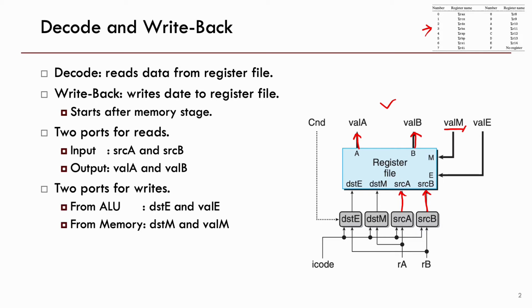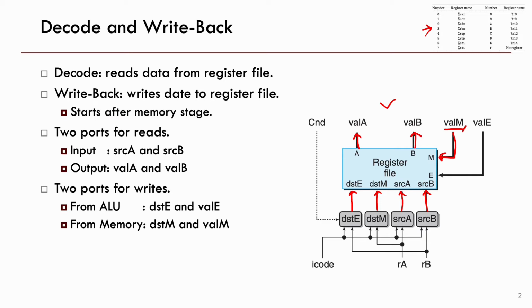For write, it actually has four input ports: two input ports for register IDs, dest E, which is the register ID for writing value E, and the next input port is dest M, which is the register ID for value M here.